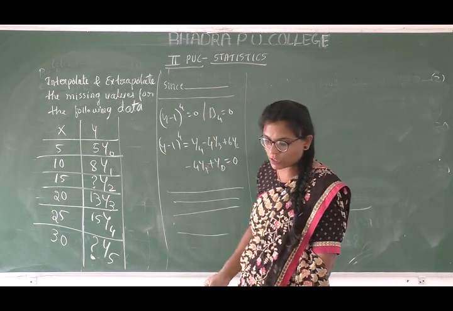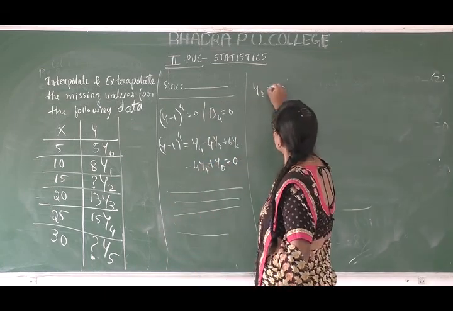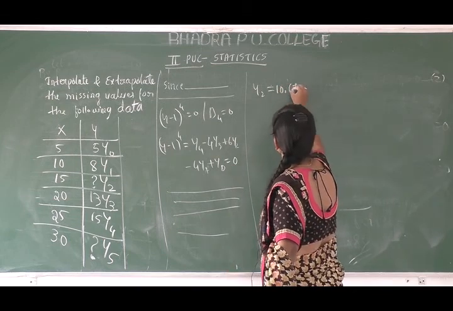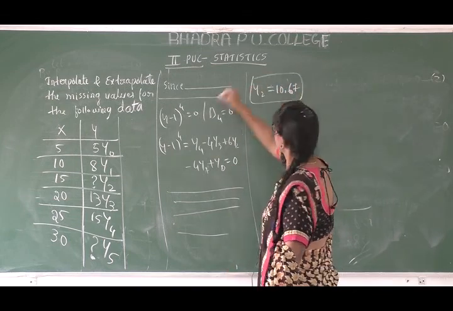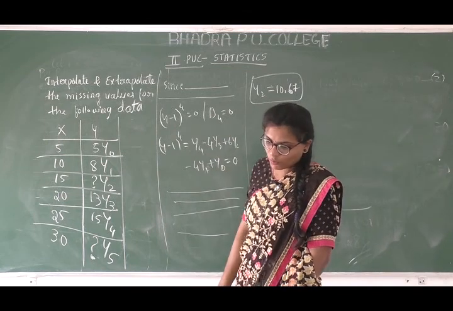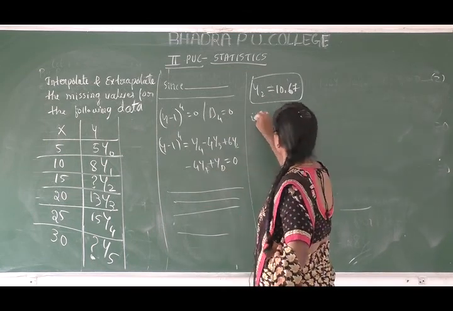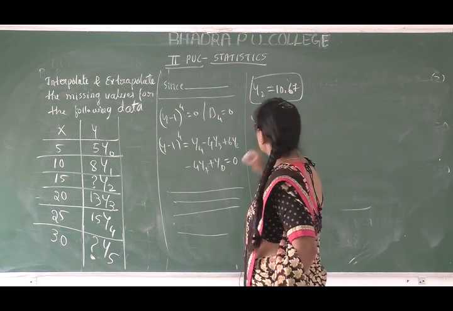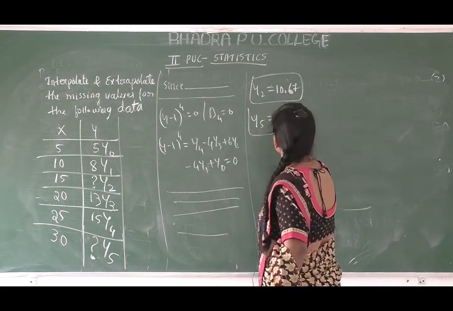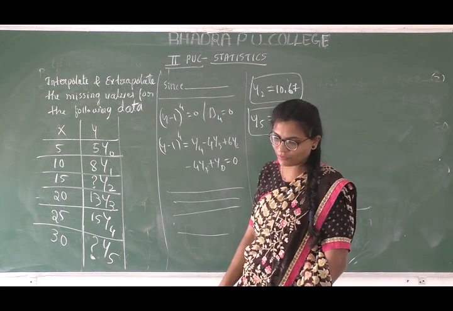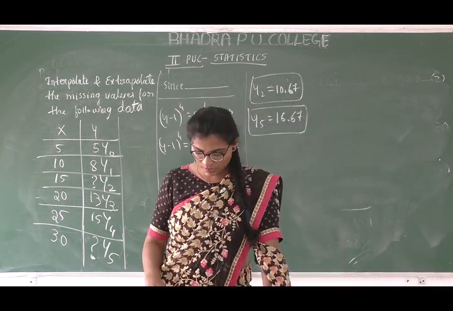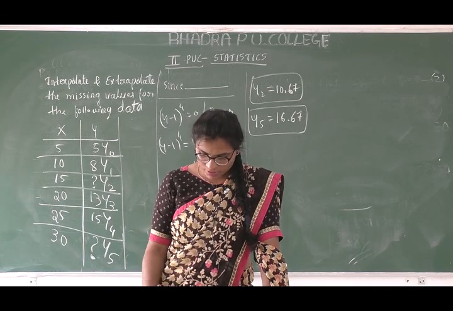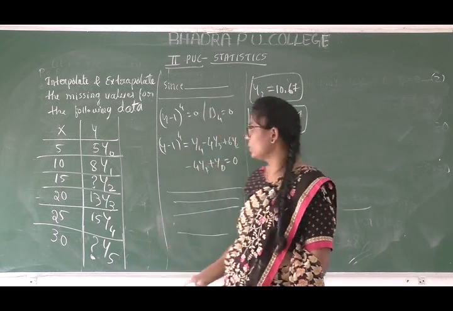I will give the answers: y2 is equal to 10.67 and y5 is equal to 16.67. Okay? So under this method we have one last problem.